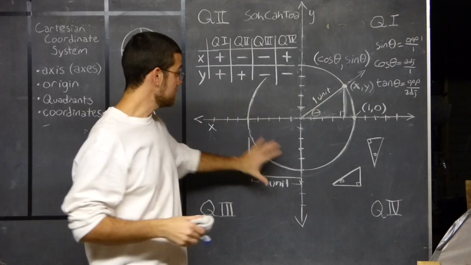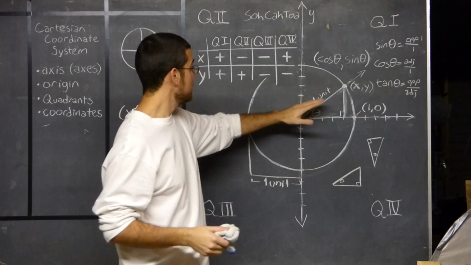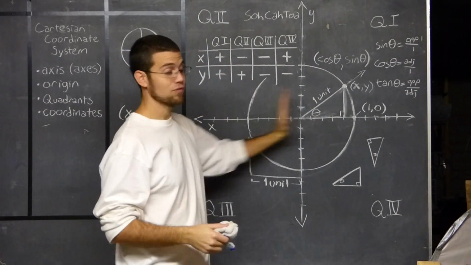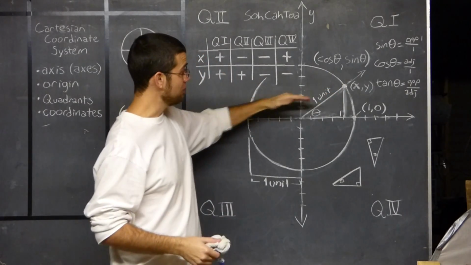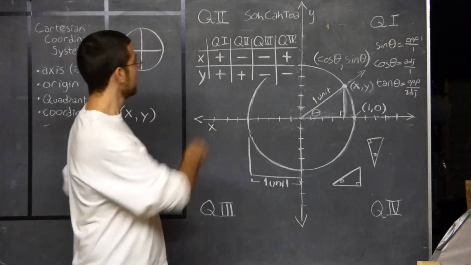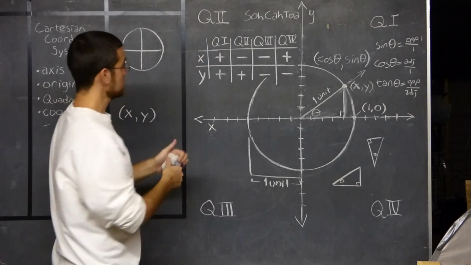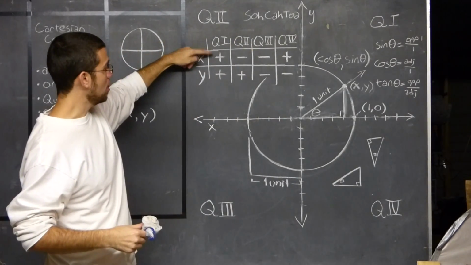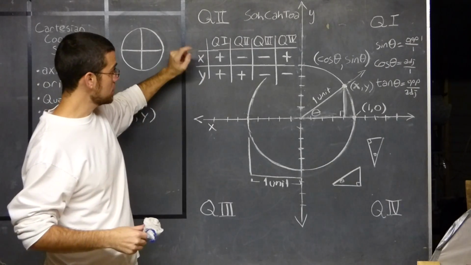on the Cartesian coordinate system we can have negative values of x anywhere to the left of the y-axis. We can have negative values of y anywhere below the x-axis. That's what this table right here shows us, that in quadrant 1 x values are positive, y values are positive.